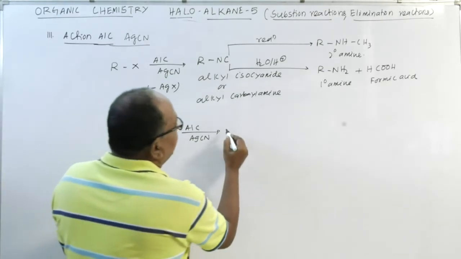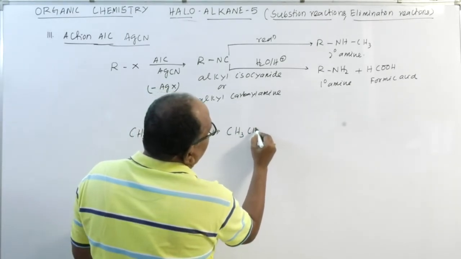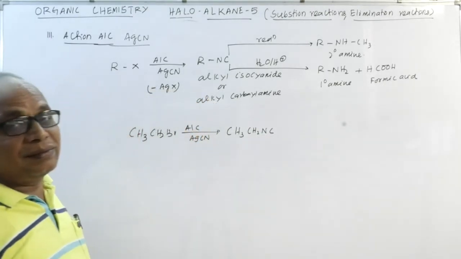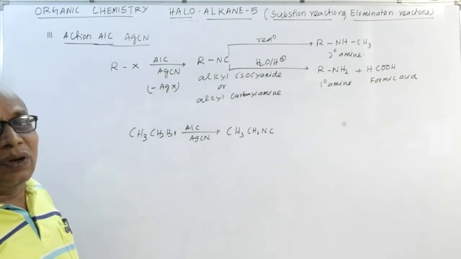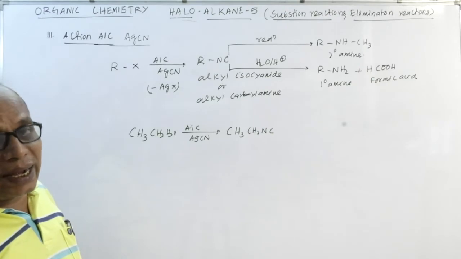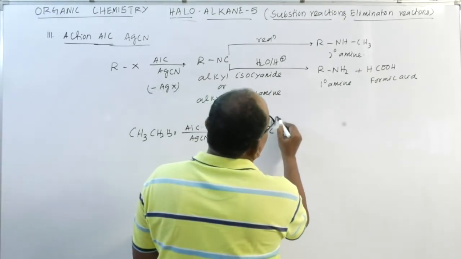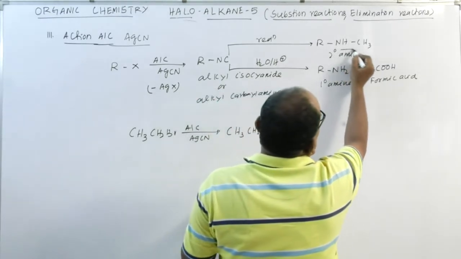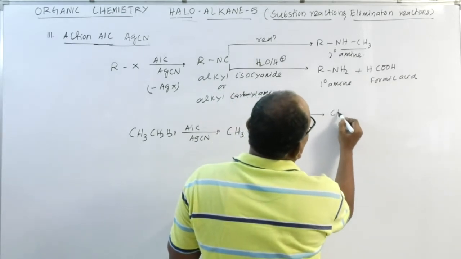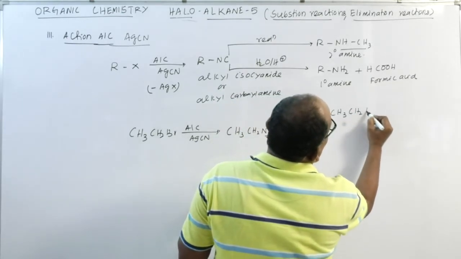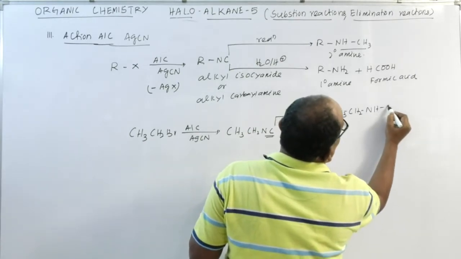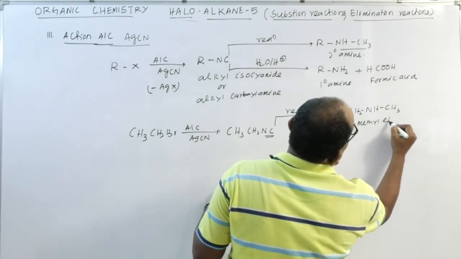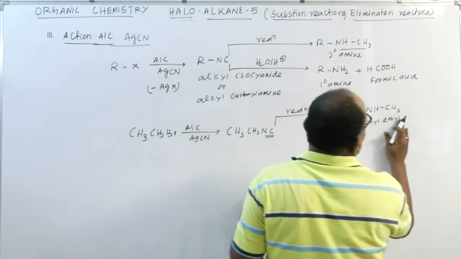The product is CH3CH2NC, ethyl carbylamine or ethyl isocyanide. Suppose this is on reduction, this group will reduce to what group? This one. So this will give you CH3CH2NHCH3. This is N-methylethanamine.